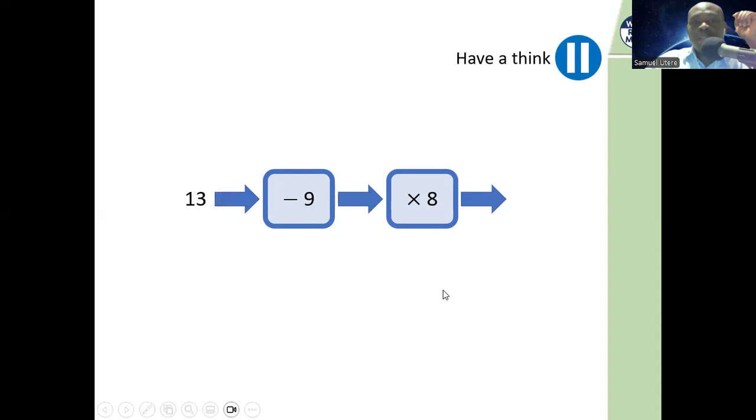Now, good practice, what I would suggest whenever you're dealing with questions like this, is to write the first output somewhere. Because if you're trying to do all of this mentally, you may forget. So just write it on the side somewhere, and then you know what the input to the second function machine will be. In this case, your answer will become 32.